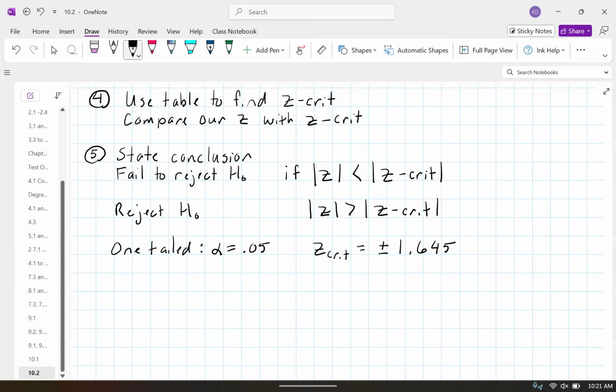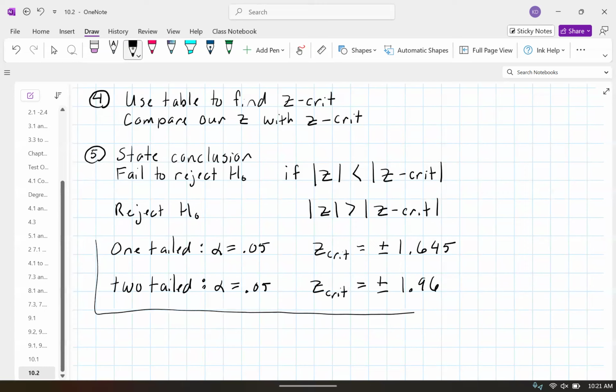For a two-tailed test, and again, we're still at the alpha 0.05 level, our Z crit is plus or minus 1.96. So that should save us some hassle of looking that up.